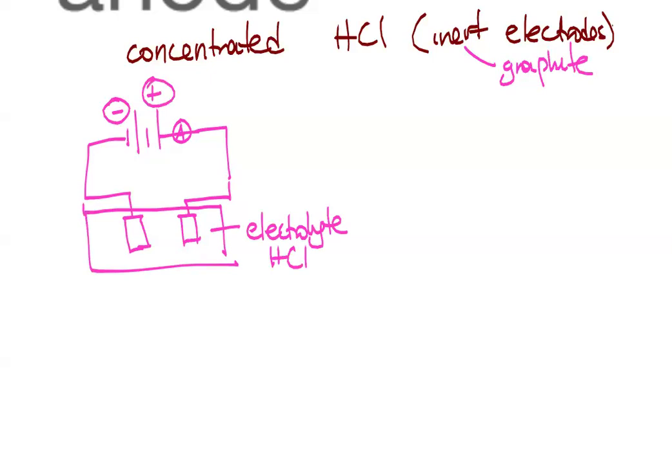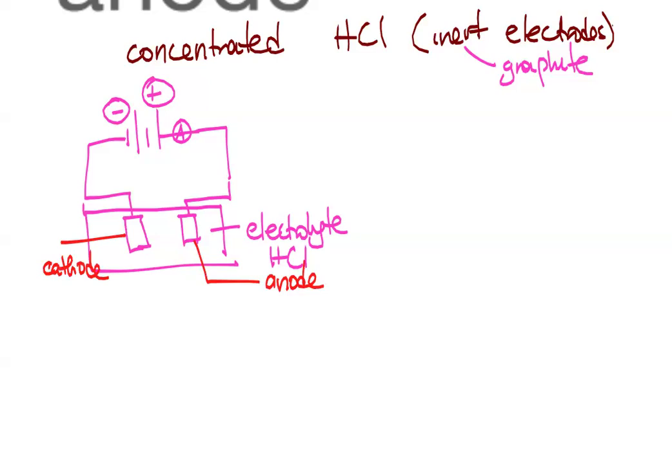This is the negative terminal of the battery, short negative, tall positive, right? These are our electrodes. Of course, this would be our cathode, and the other, anode. And please note, they can be on any side. I put my cathode on the left here, but I could have very well put it on the right.